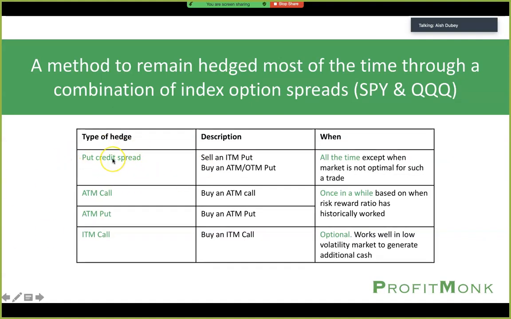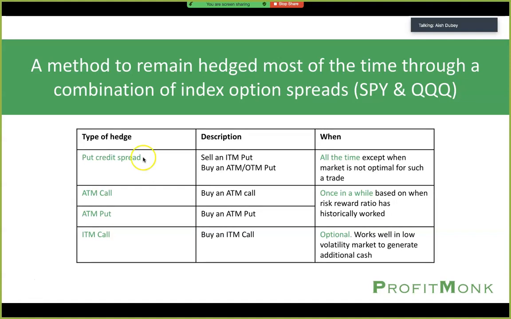You will see put credit spreads, and if any of you are not familiar with options, I would encourage you to go Google. Don't spend money, but find out what options are, because without that this won't work. You need to understand what options are.